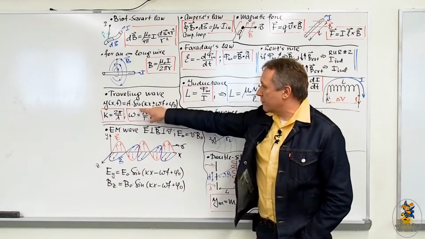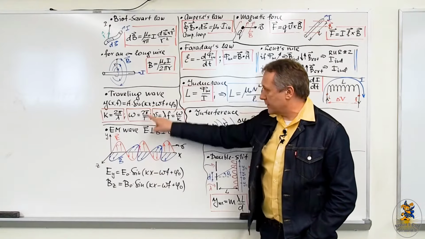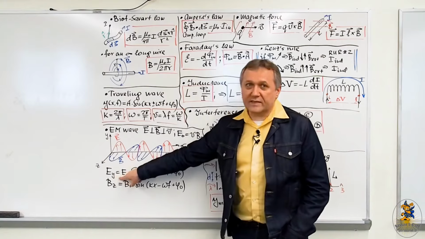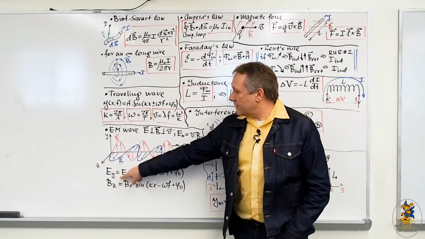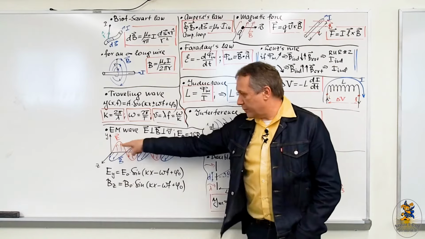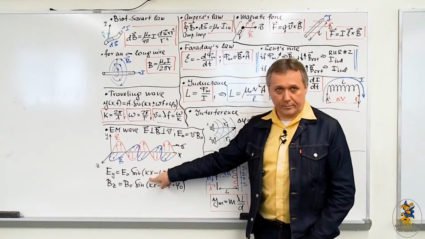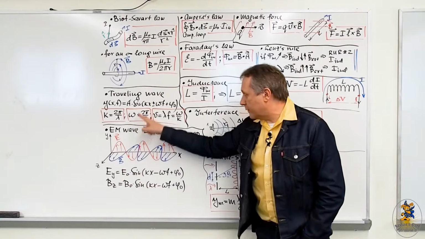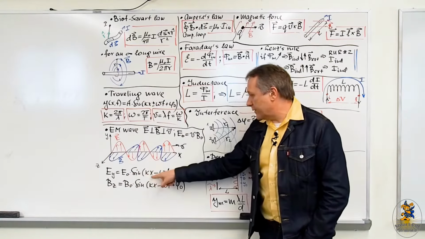And here is the mathematical expression for the electric field. It's basically the electric field traveling wave equation, right? So E sub y, this subscript tells us that the electric field oscillates in the y direction, but the wave propagates in the x direction, right? Then amplitude, again a periodic function, sine, wave number times x.